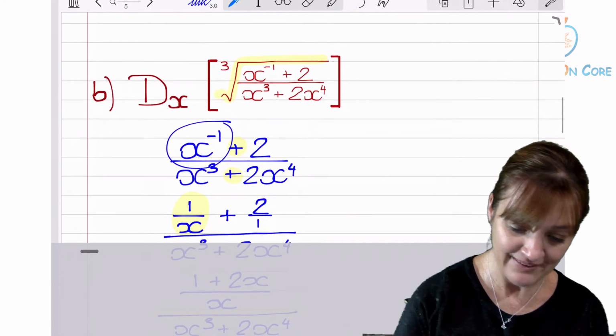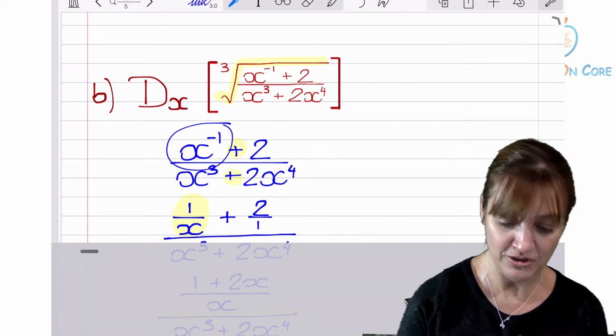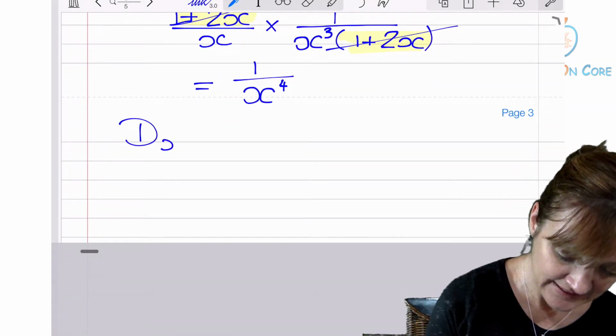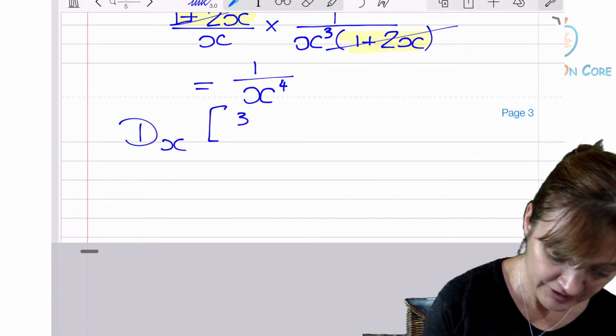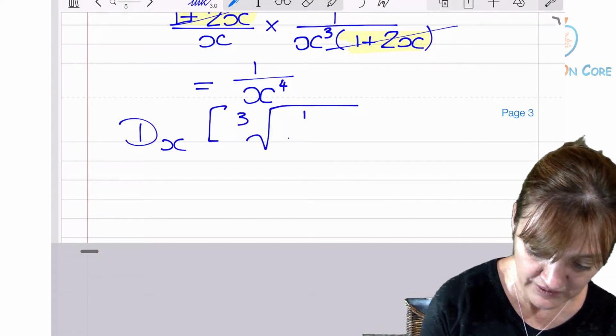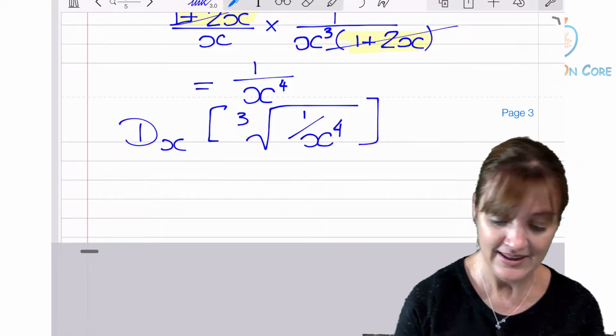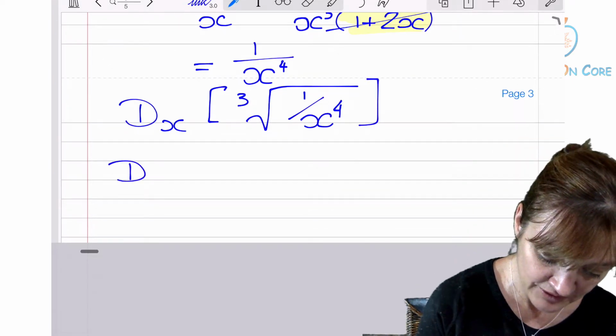Now bear in mind that's what I've just simplified underneath the cube root sign. So let's get ourselves back into the sum here. So d of x is the cube root of 1 over x to the 4, okay? So now we need to get rid of the cube root.